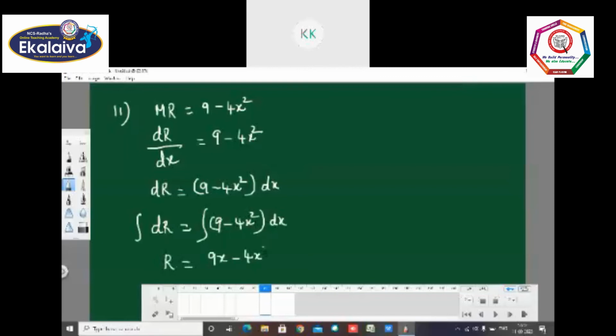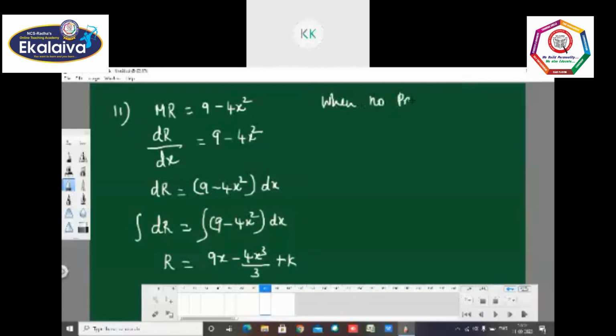That MR you can write as dR by dx equal to 9 minus 4x square. dR equal to 9 minus 4x square into dx.